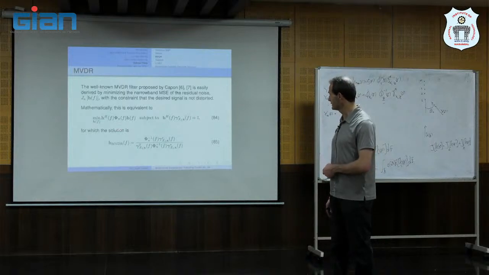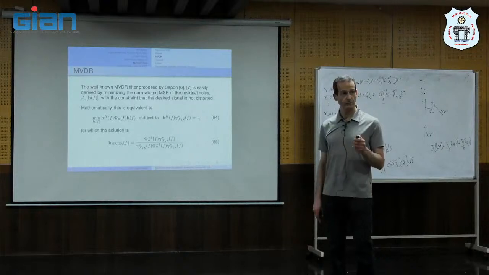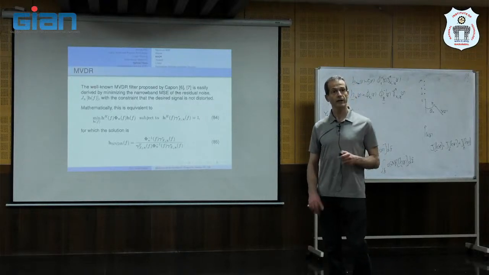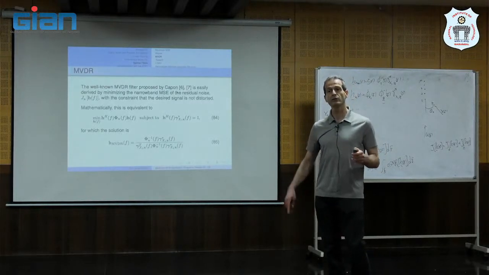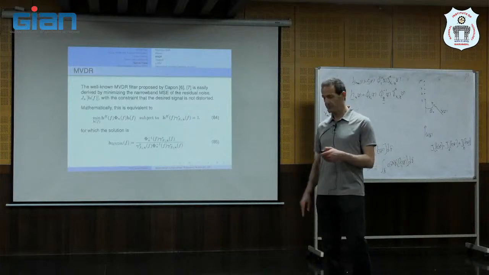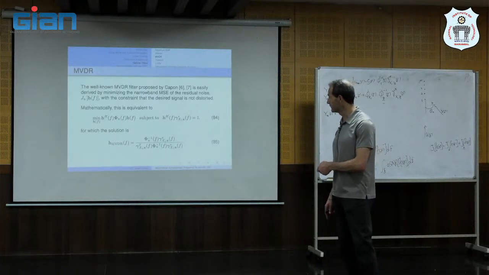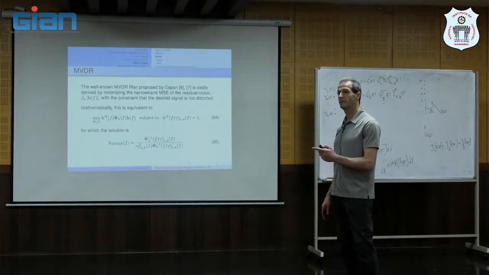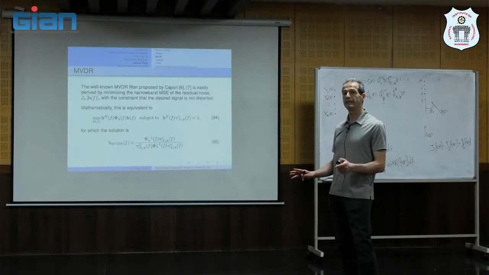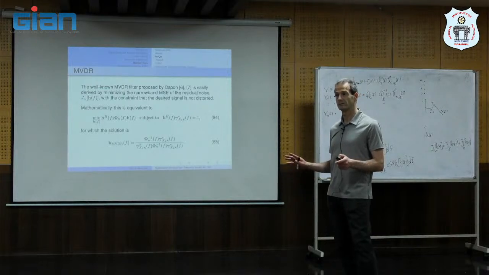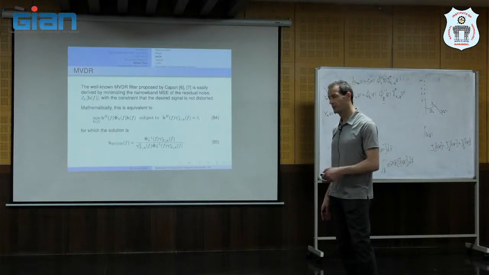So if I know the exact information here, if I know this vector, I can design this filter such that the narrowband distortion will be zero. So I have no narrowband distortion, which means that this filter is optimal in the sense that we have no narrowband distortion using this filter.